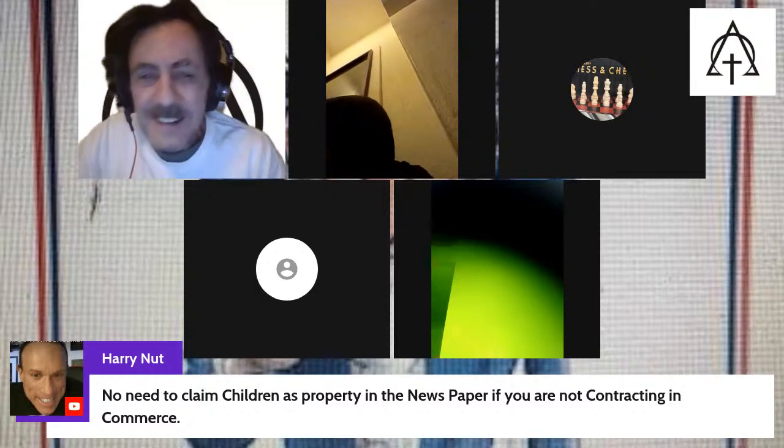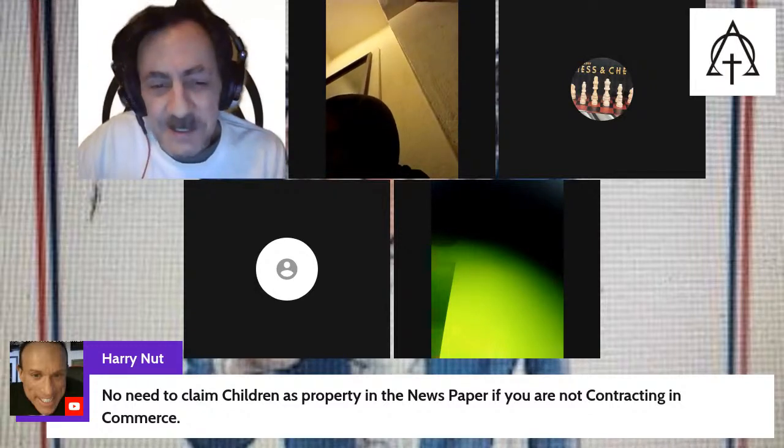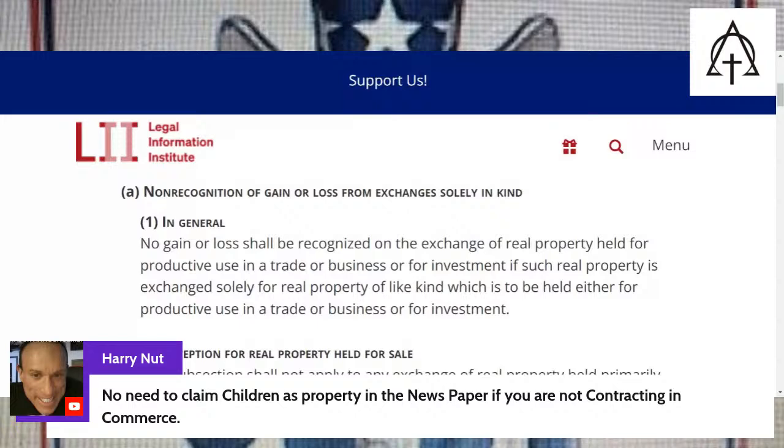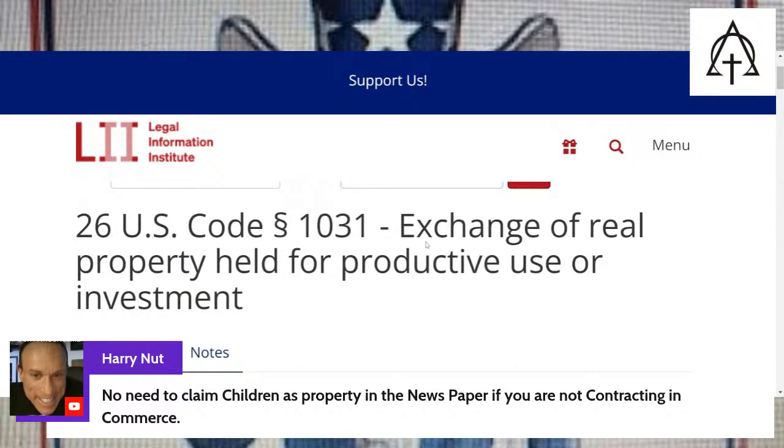So let's take a look at the next one here. As we go down in this one, this is that 26 code. Remember, 26 is taxation. So it's for a tax purpose, and it's the exchange of real property held for productive use or investment. That's that little document known as the certificate of live birth, or statement of live birth.